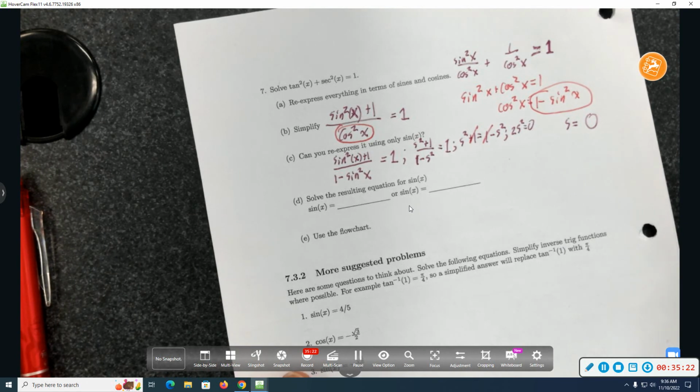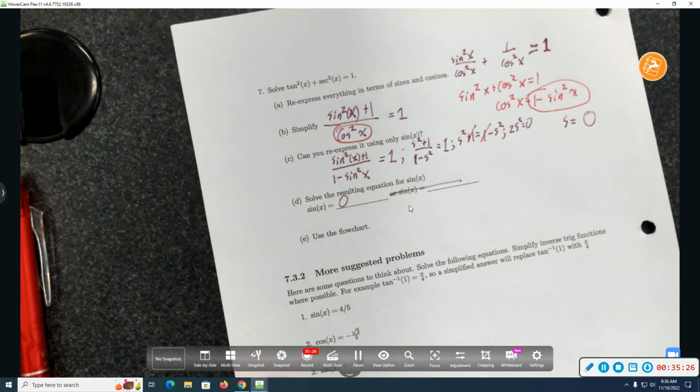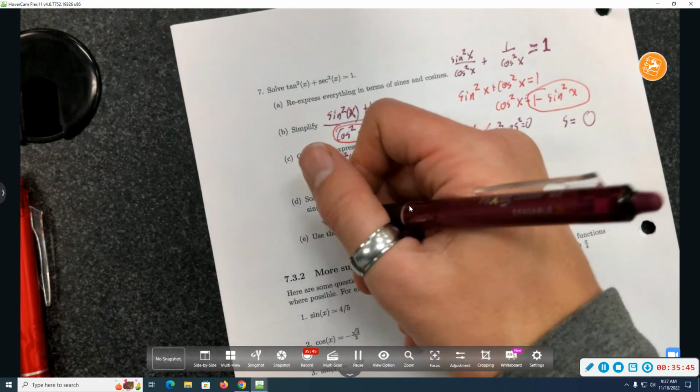Cool. So we wind up with sine of x is equal to 0. There is no second option. All right, sine of x equals 0. So let's apply some combination of inverse trigonometry and just knowing some angles. In the unit circle, what angles do you see where sine is equal to 0?